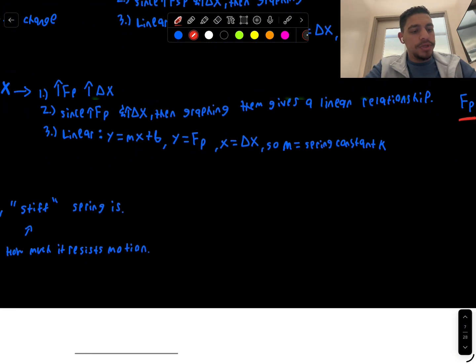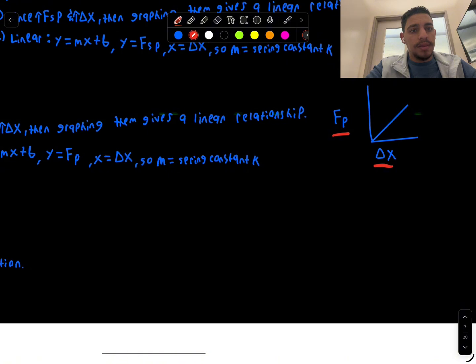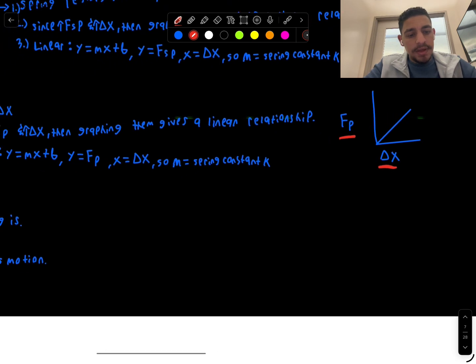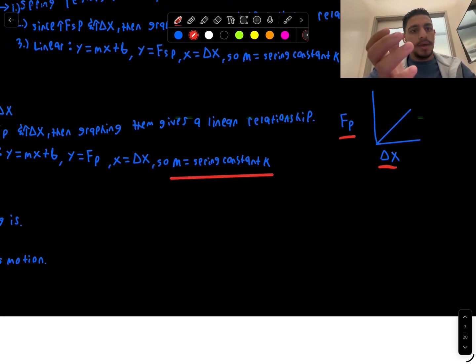Again, M is equal to the spring constant K. So you can do it with both of these, and if it's Fp, the applied force, or if it's the spring force, they're both directly proportional to the change in displacement. And so M is equal to the spring constant K. Again, that goes with how hard it is to pull the spring apart or to squeeze the spring together.